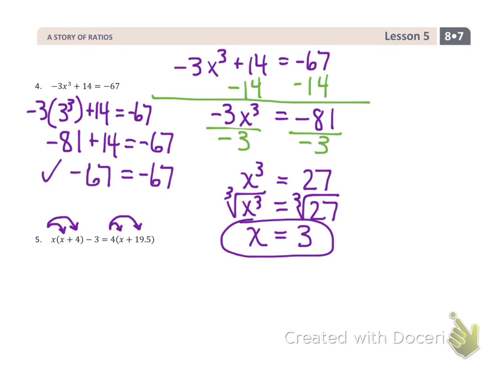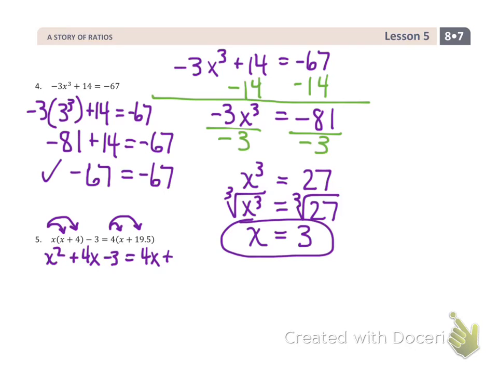So x times x is x squared. X times 4 is 4x, and I have minus 3, and that equals 4 times x, which is 4x, plus 4 times 19.5, 19 and a half.